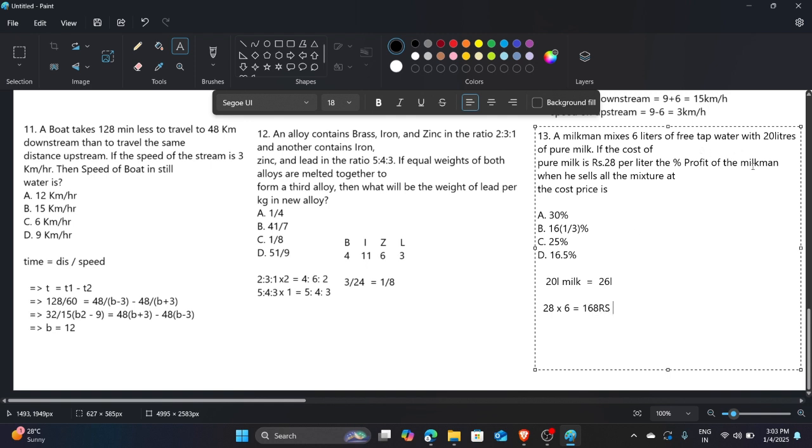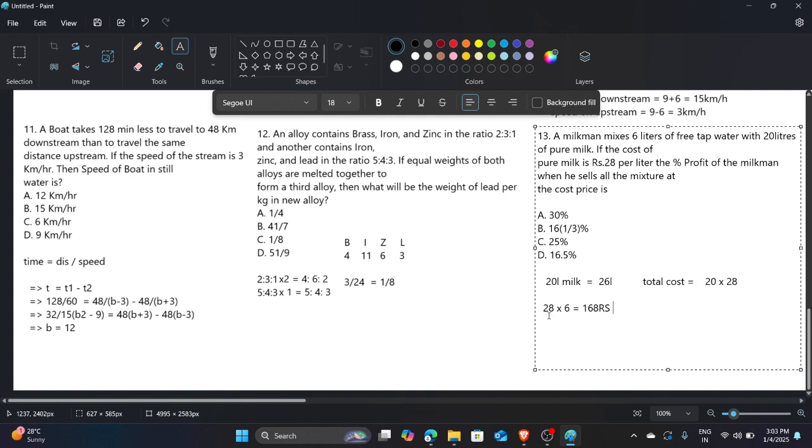Now, the profit of the milkman when he sells all the mixture at the cost price. So what should be the total cost price? The cost price is 20 multiplied by 28. This is the total cost.